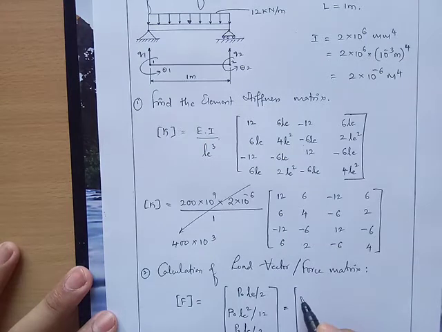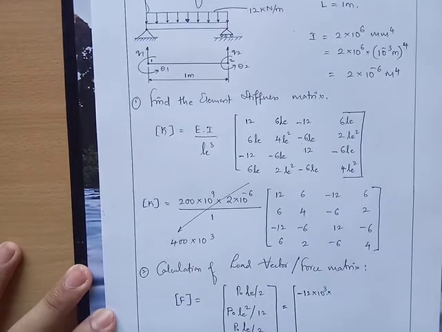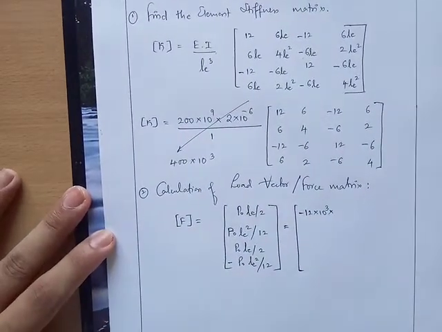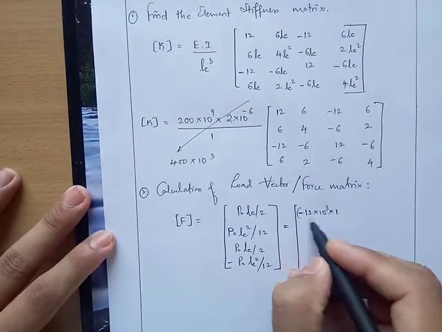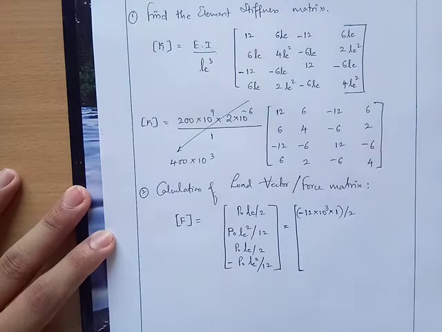So P naught value is minus 12 into 10 raised to 3, kilonewton converted into Newton, into the length of the element, which is taken as 1, divided by 2.